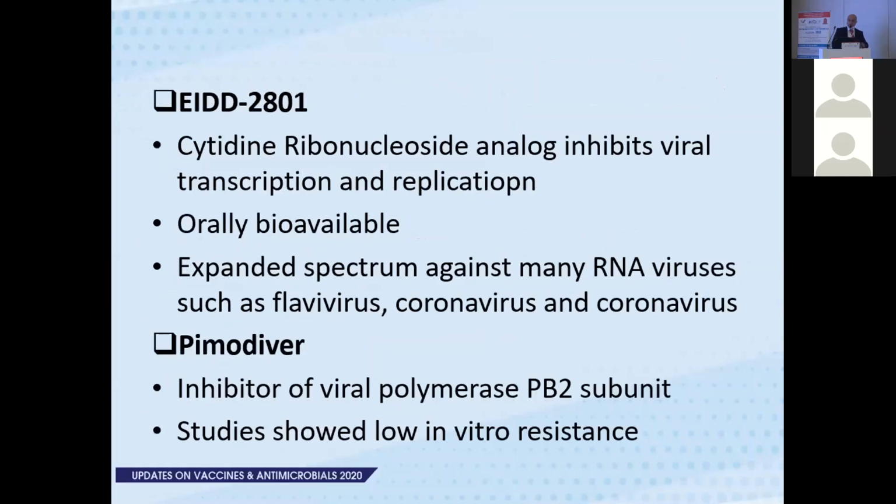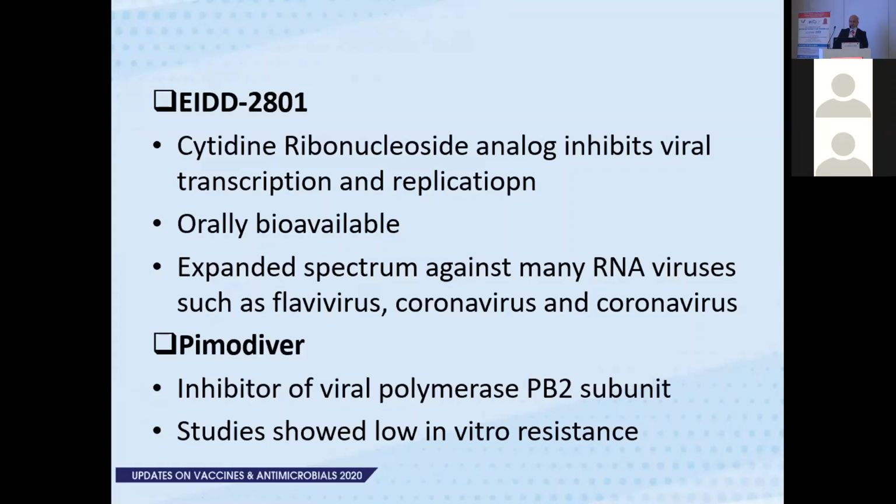Another one which is under investigation is EIDD-2801. It has not yet been given a name. It is a cytidine ribonucleoside analog that inhibits the viral transcription and replication. It is given orally, and it has an expanded spectrum, not only against influenza virus.